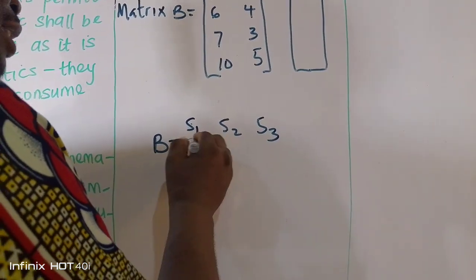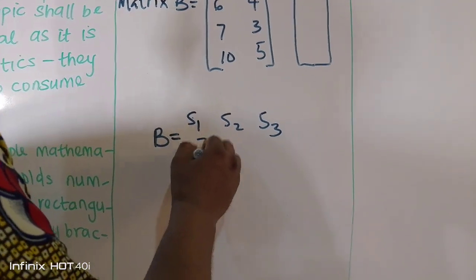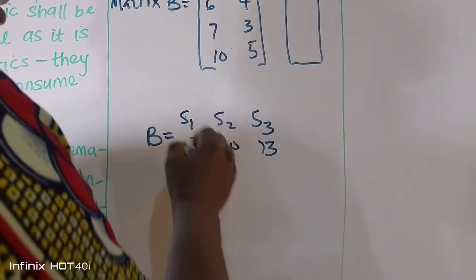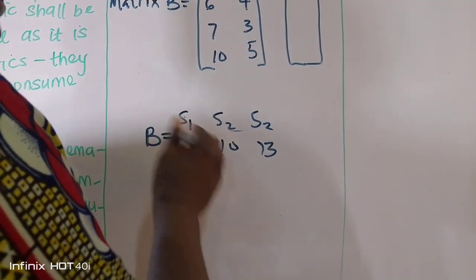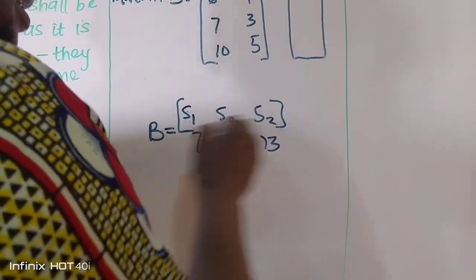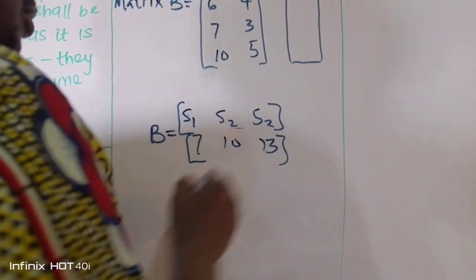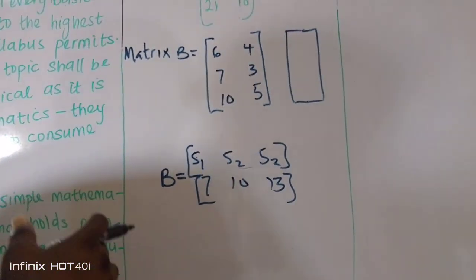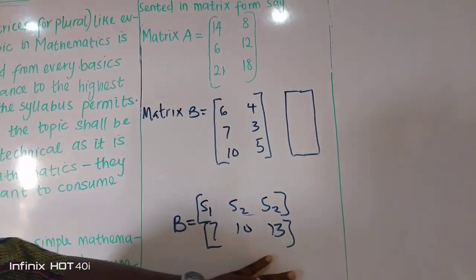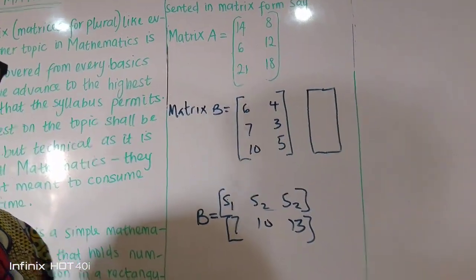So if I represent all the boys in those streets as 7, 10, 13, for instance, it forms a single matrix, either represented like this or represented like this. So that is how it goes. Okay, stay tuned as I give you the introduction and we go into the addition.